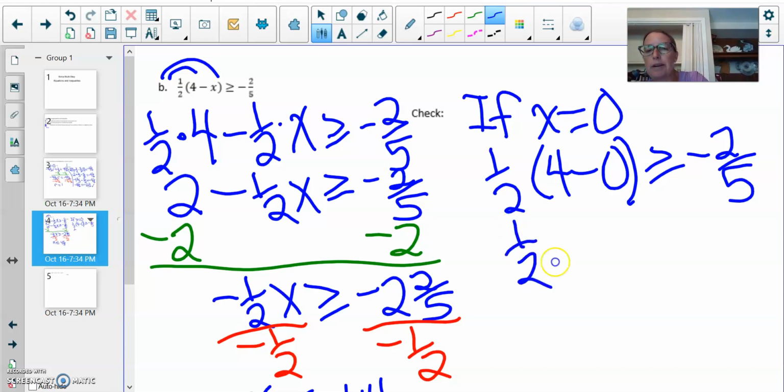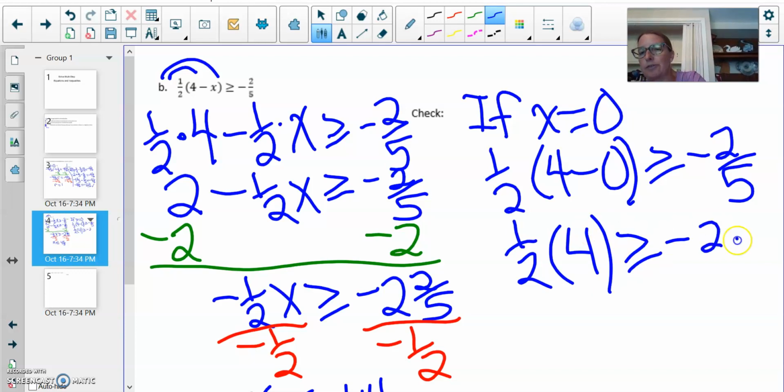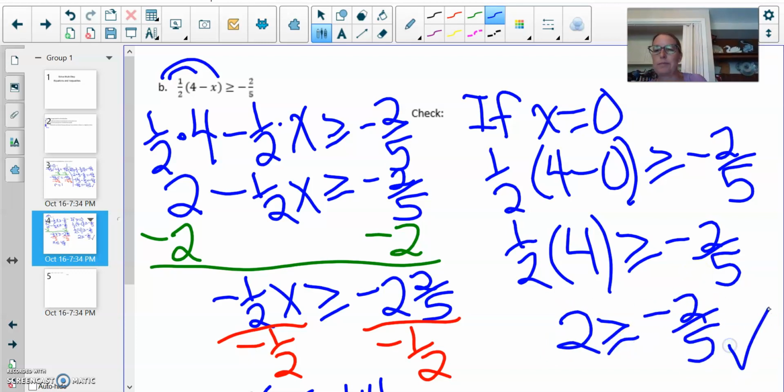So we get 1/2 times 4 is greater than or equal to negative 2/5. And 1/2 of 4 is 2. So we get 2 is greater than or equal to negative 2/5, which is true. So we solved our inequality correctly.